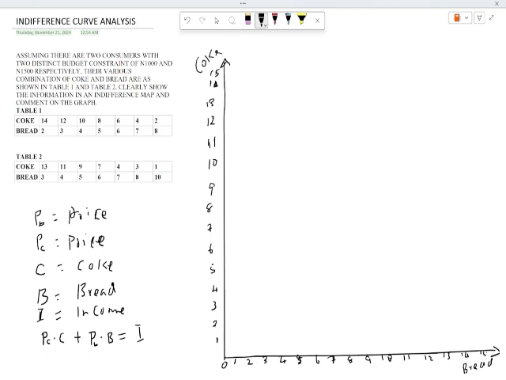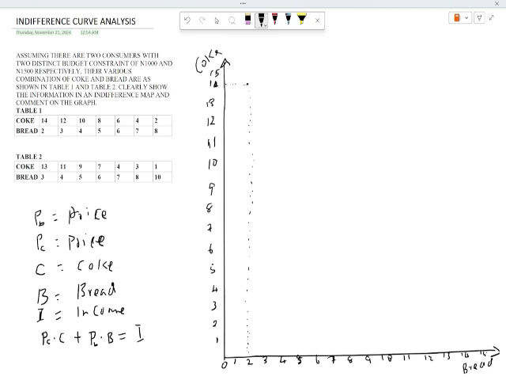Now, with this, you can start with consumer A. At a point where 2 bread was consumed, we had 14 coke. So you go up here and trace to this point.